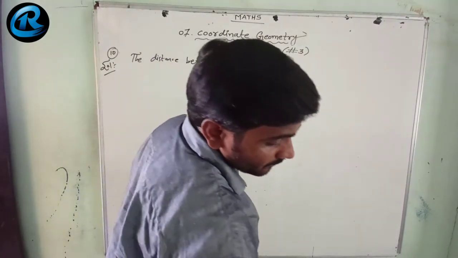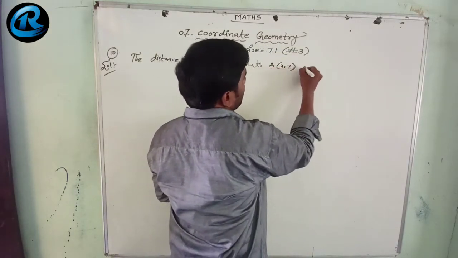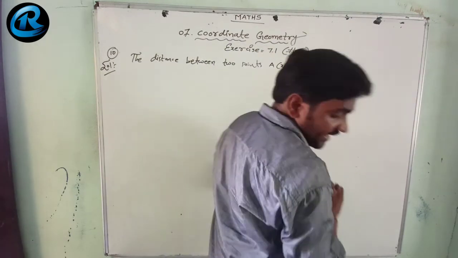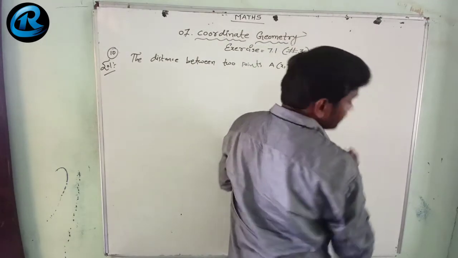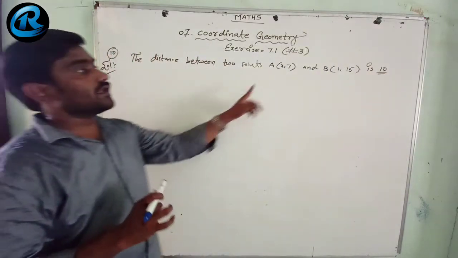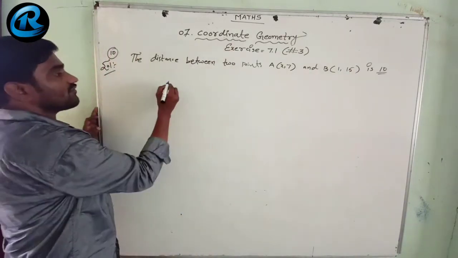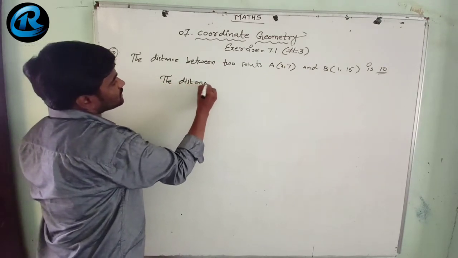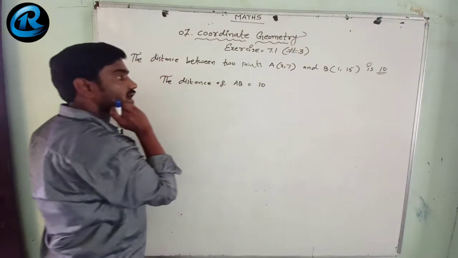That is A, x comma 7, the point A is x comma 7, and the point B, we have to take one point as A and the other point as B, is 1 comma 15. The distance is 10. That means if we find the distance from A to B, we get 10. Okay, the distance of AB is equal to 10 units.